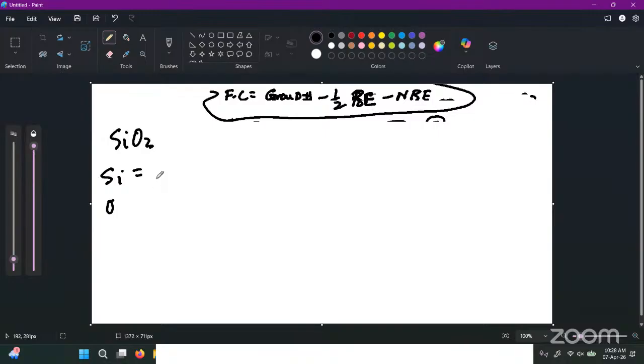Valence electrons. So silicon will give you how many? 4. Right? And oxygen will give you how many? 12, 6 times 2. So that gives you a total of 16 electrons, which will equal 8 pairs. And then what next?